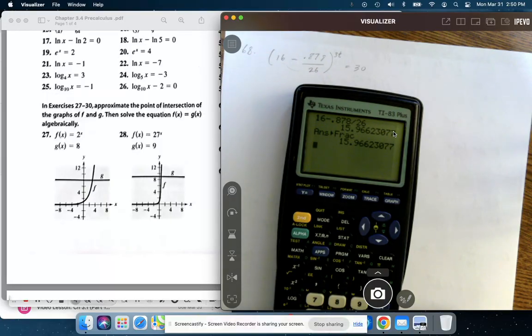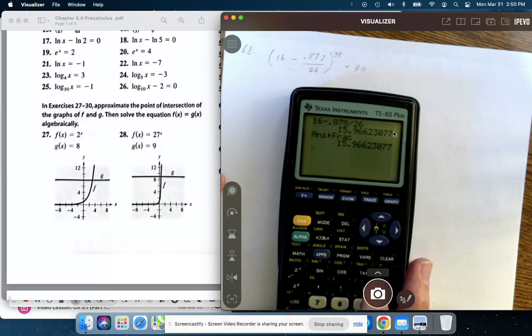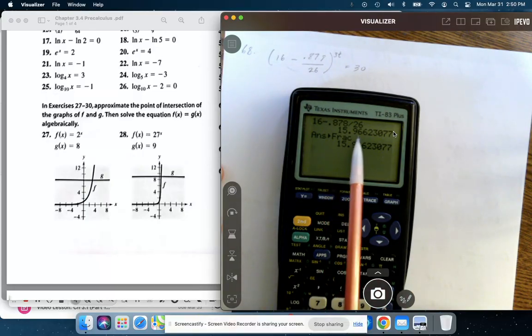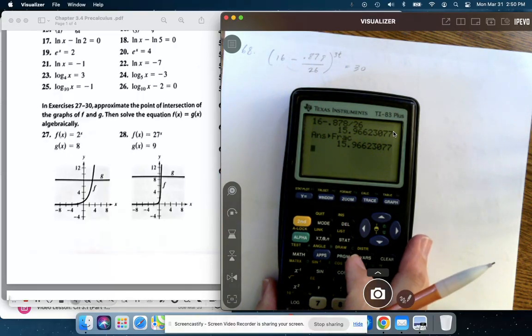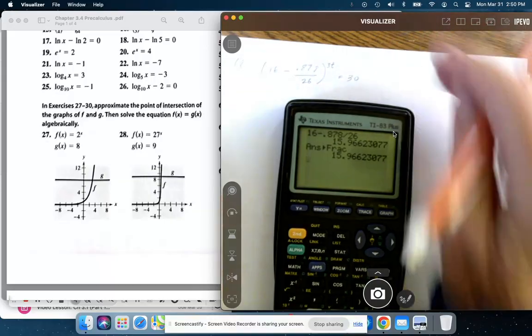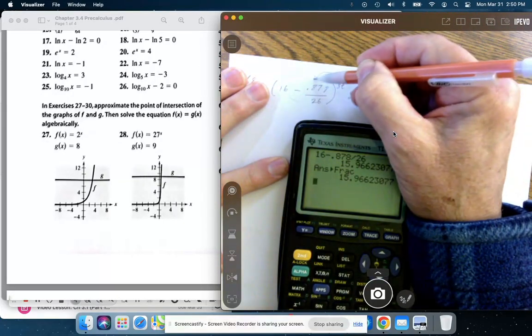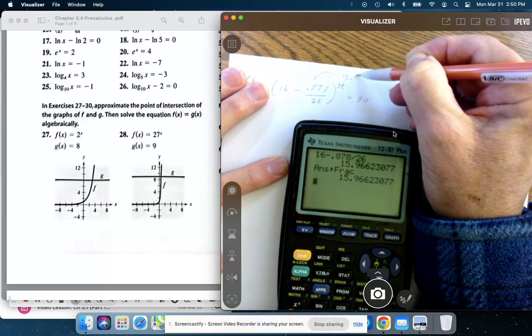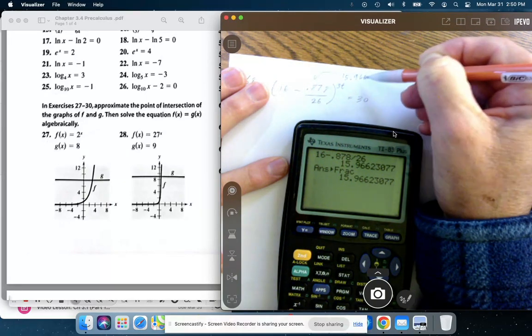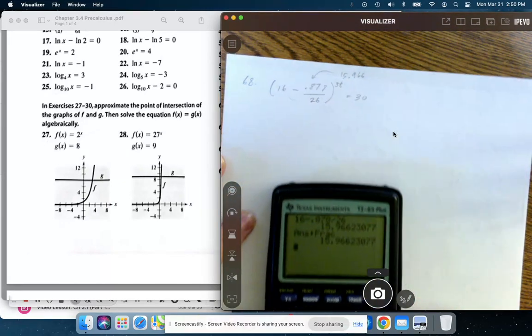It's not going to turn it into a fraction for me. So it's approximately 15.97. Let me write this down. This is approximately 15.966. I'll just go to that many decimal places.